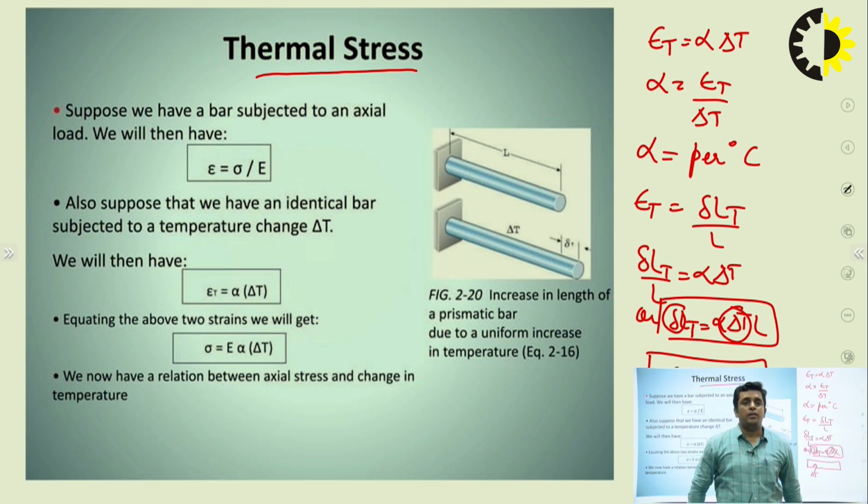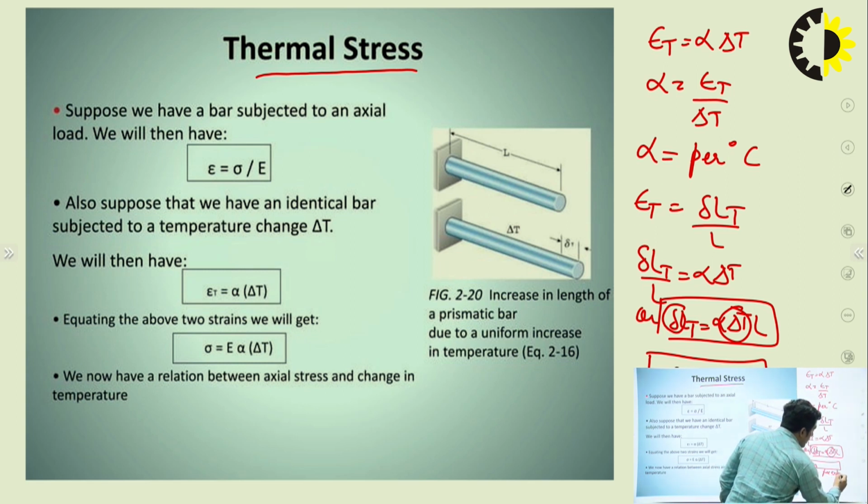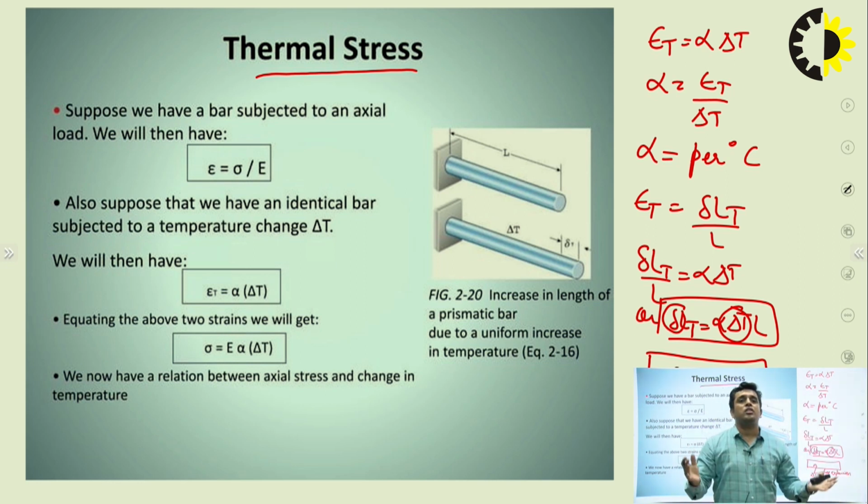That is a free expansion. In case of free expansion, there is no restriction, which means there is no thermal stress. That means sigma T will always be 0, only in case of free expansion.